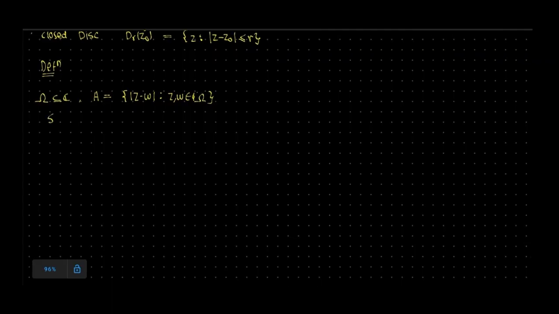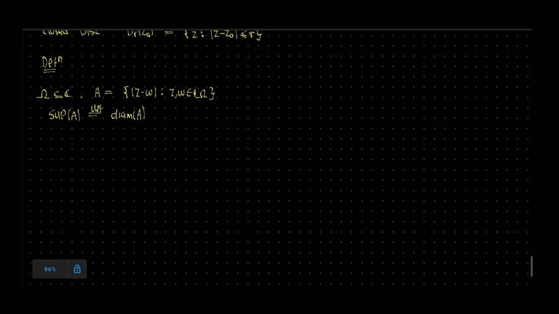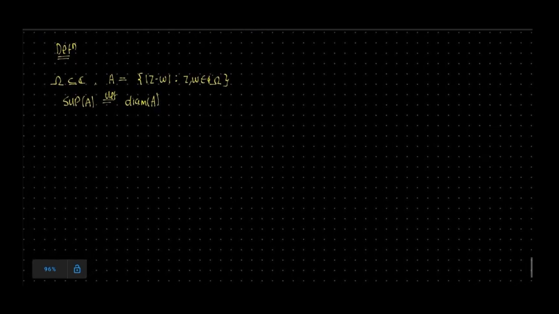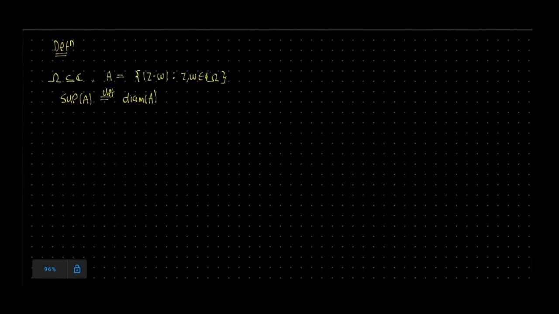The supremum of A is defined as the diameter of omega. Why this exists is a question of its own, and I leave this as an exercise for you to prove.